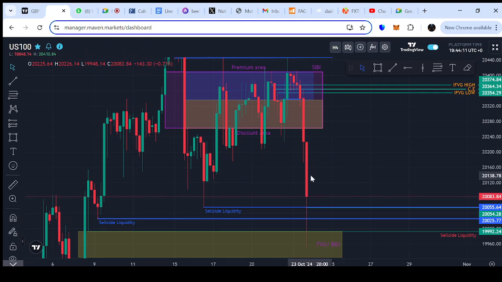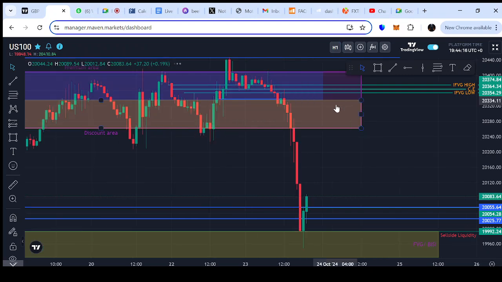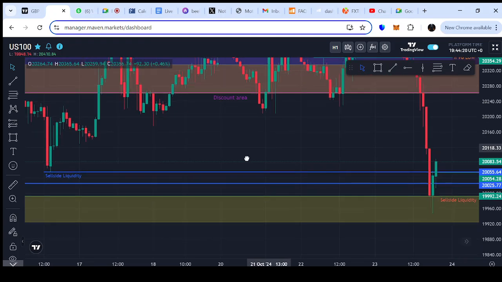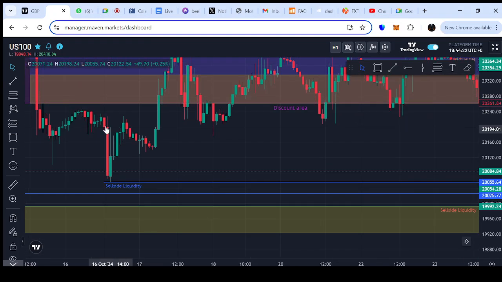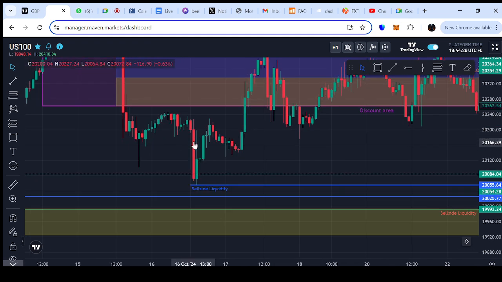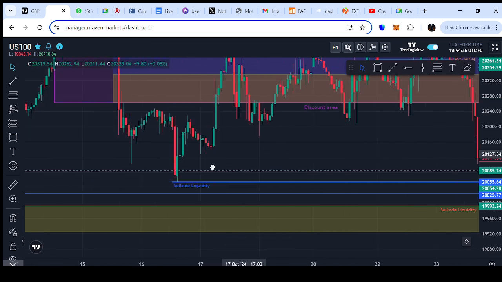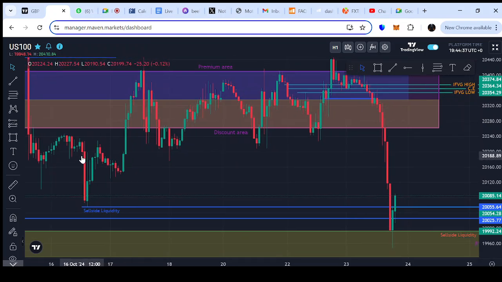But you might not see it here on the 4 hour. So what do you do? You go over to a lower time frame like the 1 hour. You can see in the 1 hour after taking this low, this candle here now is standing as a breaker.